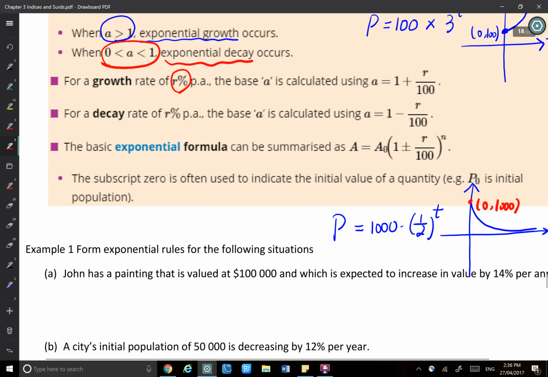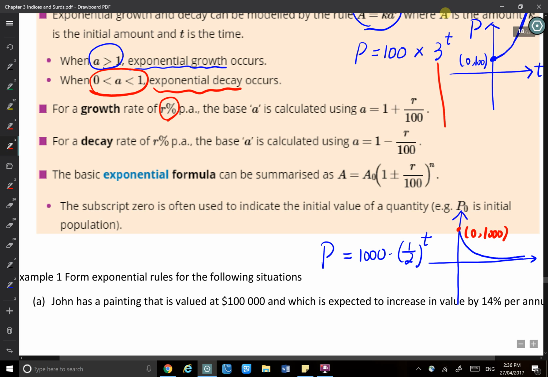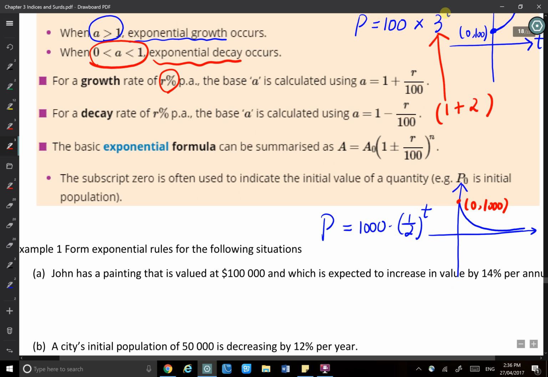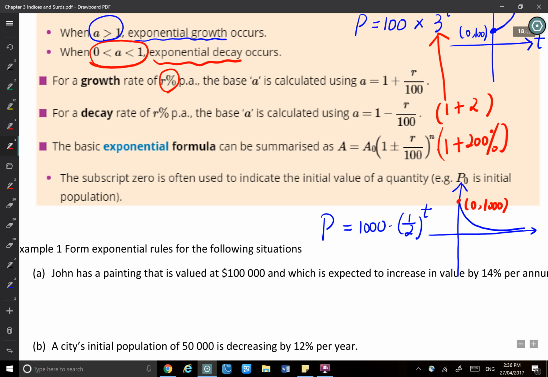So if you have a base 3 here, what's the 3? This 3 is 1 plus 2. If I put 2 as a percentage rate, that's 1 plus 200%, so the growth rate is actually 200% in this case.